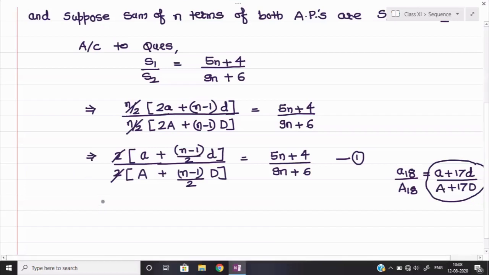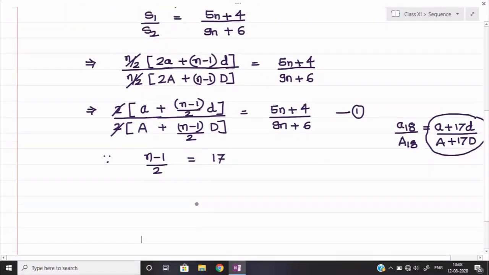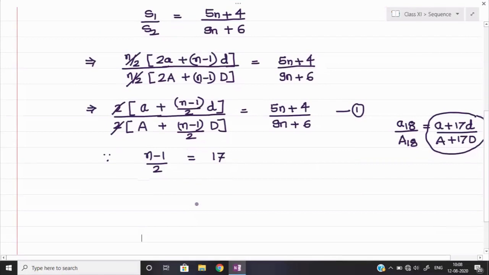Now we will write, since (n minus 1) upon 2 is equal to 17. I have told you how 17 came over here. You need to compare, and this kind of question is not new for you. You have done this kind of question in class 10th also, if you remember.